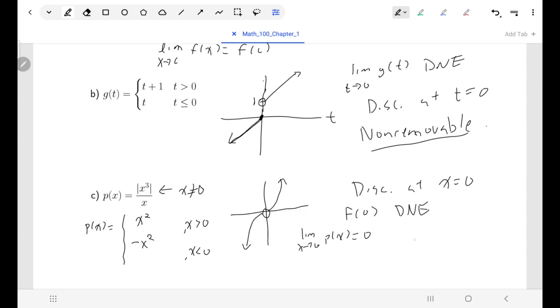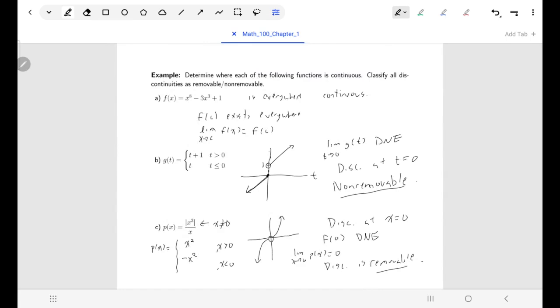The discontinuity is removable. If we were to let P of 0 be 0, if we redefine and say the y value at 0 is 0, then the limit would approach 0, the y value would be 0, that would fill in our little gap there, and we would have a nice continuous function.